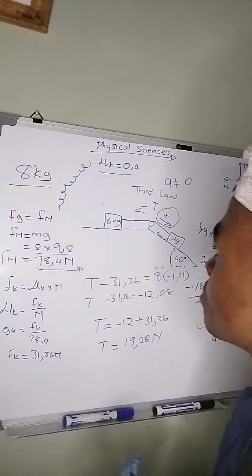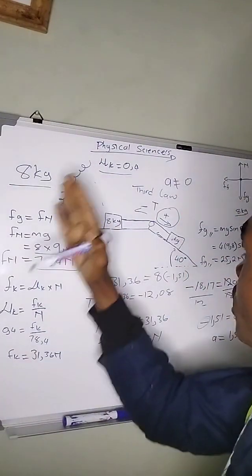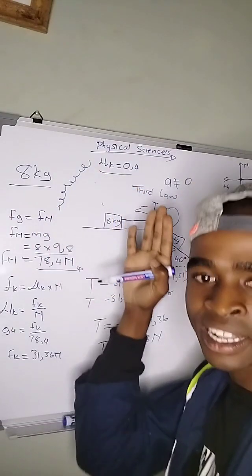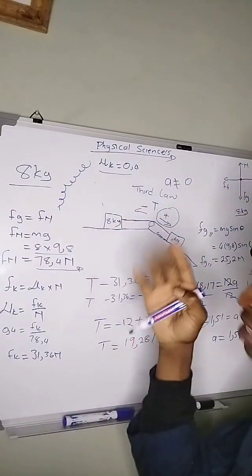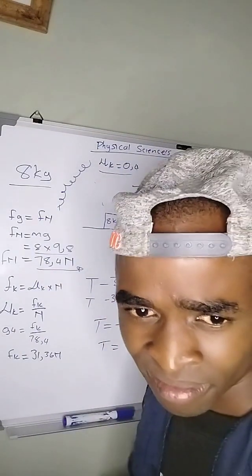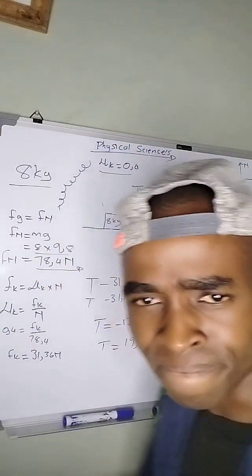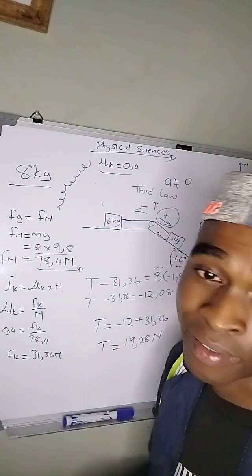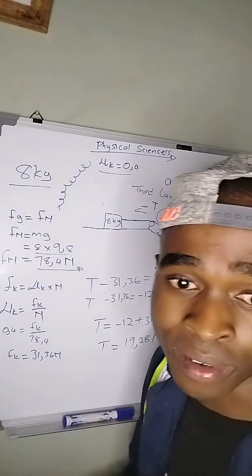Due to inertia, the bullet will move in the direction that you're traveling. I think that's it. That's a level 4.